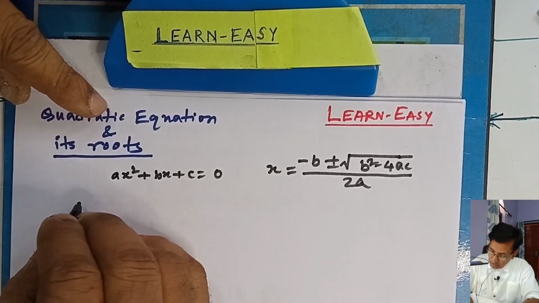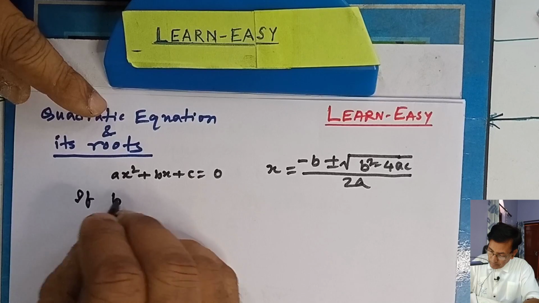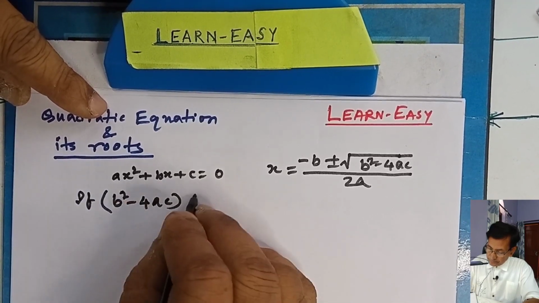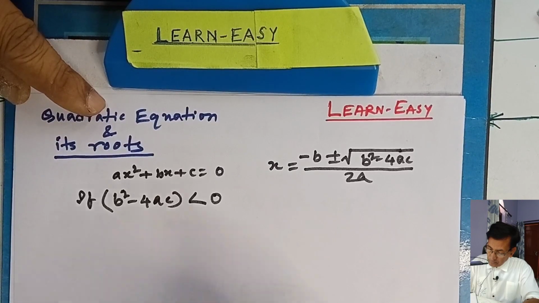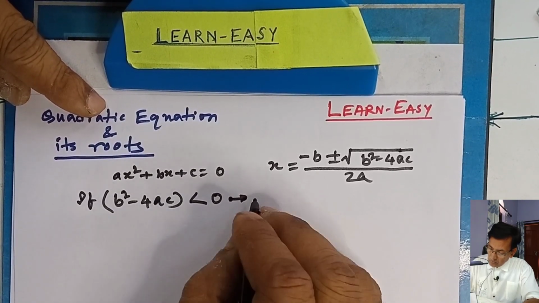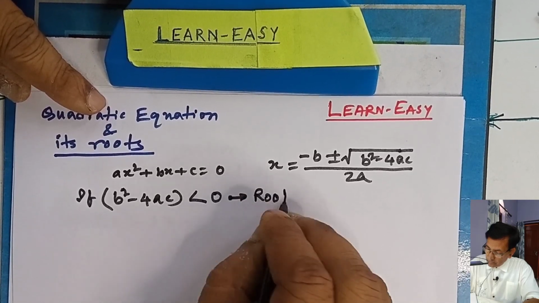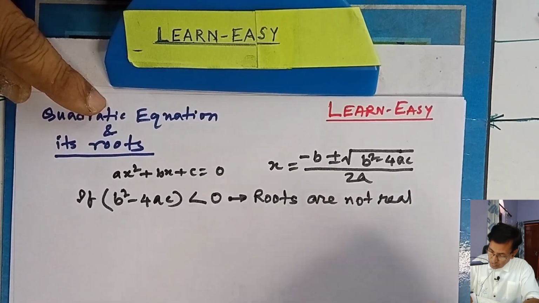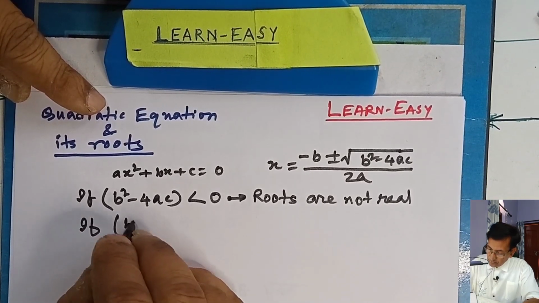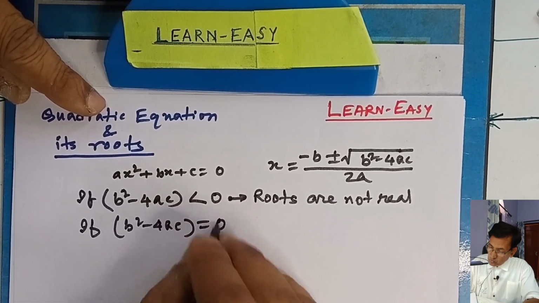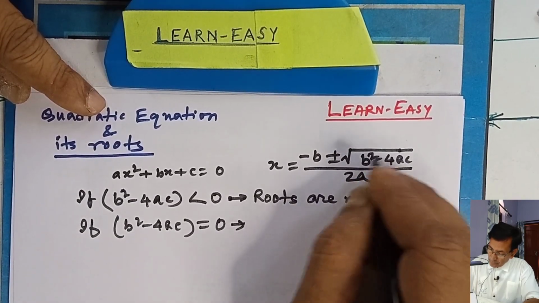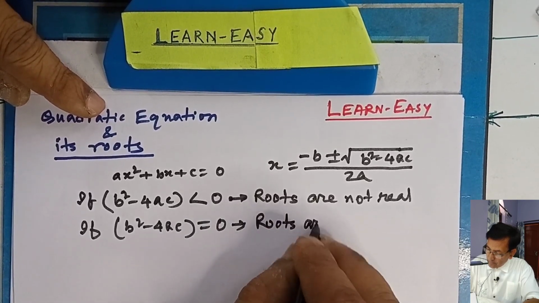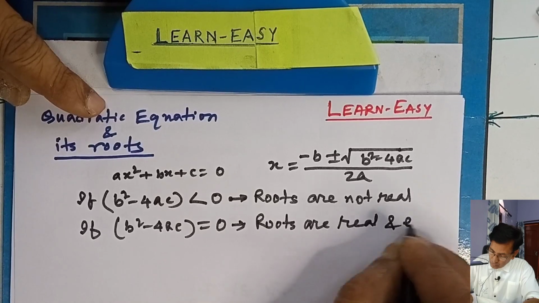Now, if b square minus 4ac is less than 0, that means negative, the roots are not real. That means imaginary. If b square minus 4ac is equal to 0, the roots are real and equal.